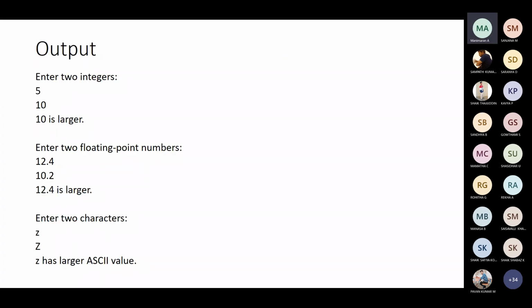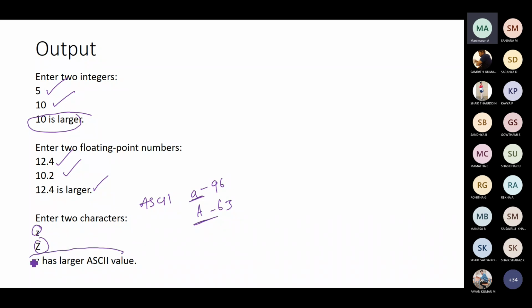This will be the output when we enter two integer values 5 and 10. 10 is larger. Similarly, these two are float values, and we get the larger value, and these two are character values. So the ASCII value is always applied here. Capital A is 65, small a is 97, so compared to capital letters, small letters have the higher value.